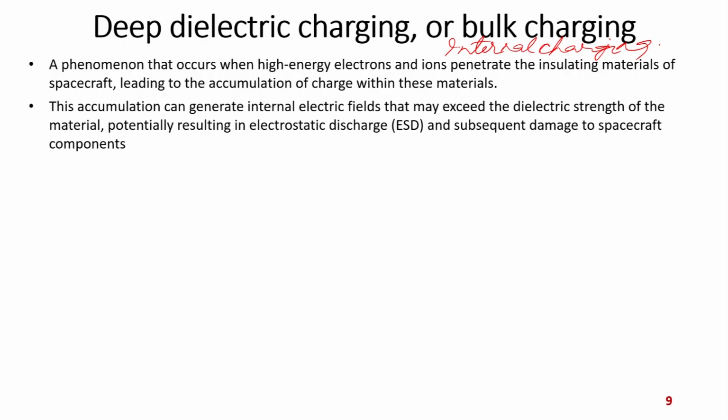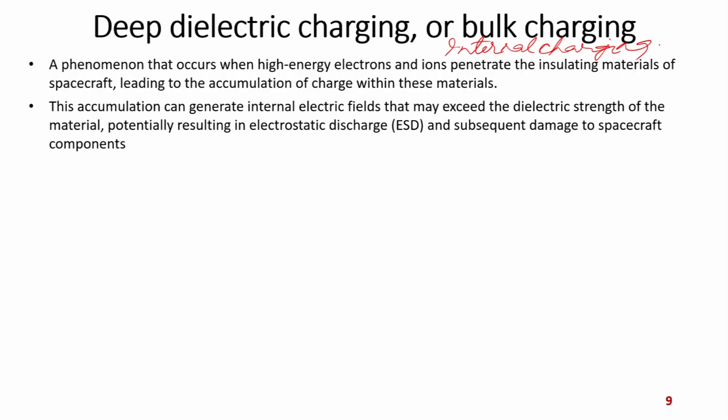This accumulation can generate an internal electric field. Whenever there is charge, there will be an electric field, and when this electric field exceeds the dielectric strength or the breakdown voltage of the dielectric, it will potentially result in electrostatic discharge.